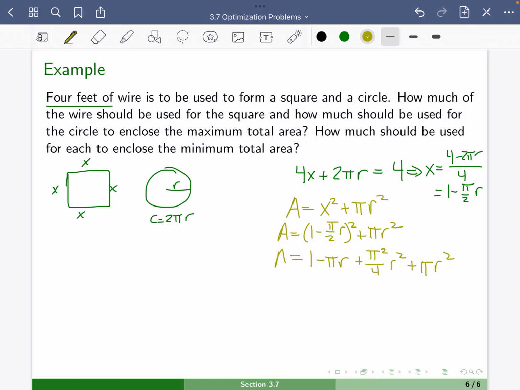And if we were to take our derivative, our derivative is going to be negative pi plus pi squared over 2 r plus 2 pi r.